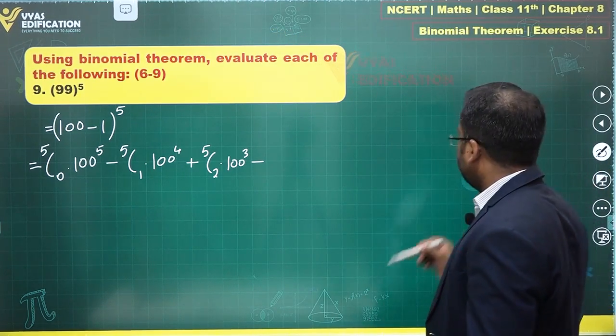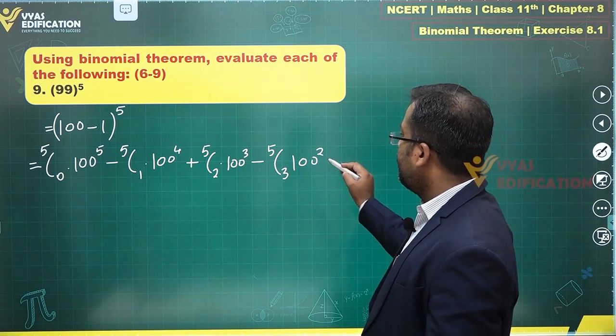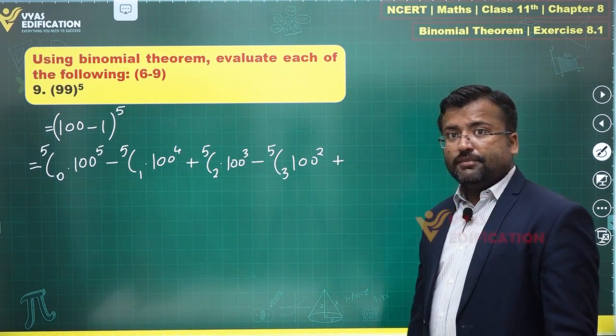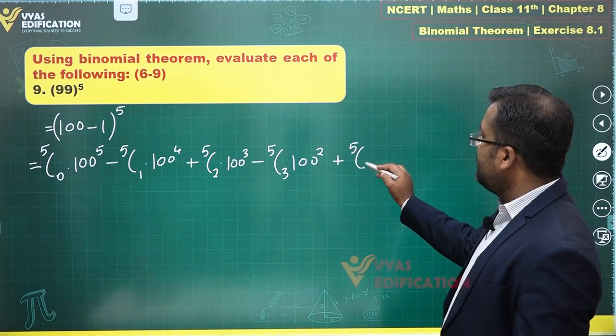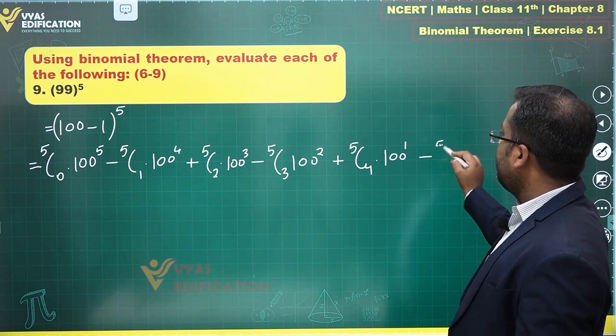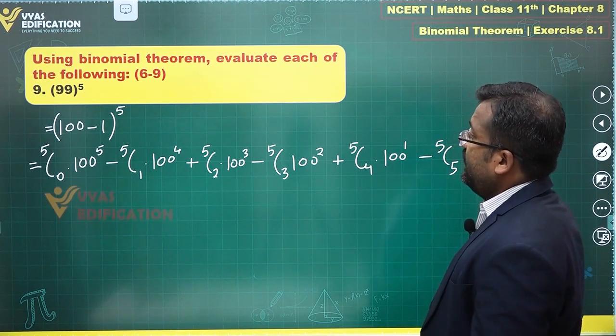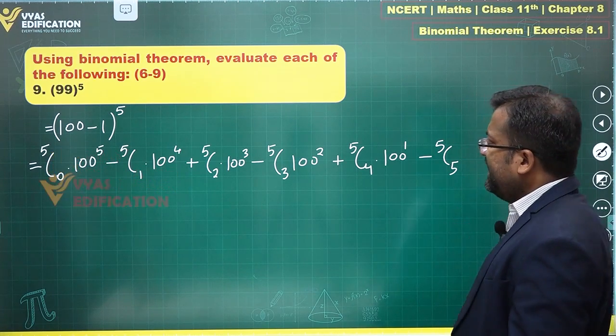So this becomes 5C3 100 power 2, plus alternate plus minus. The next term will be 5C4 times 100 power 1 and 5C5 times this. That's what you get. Is there anything else? No.